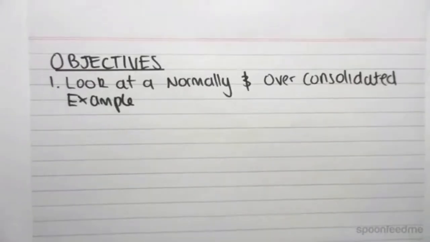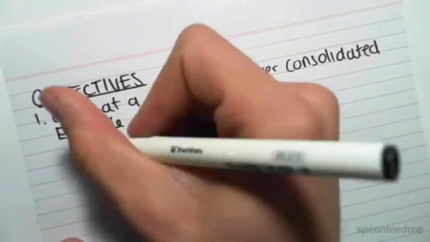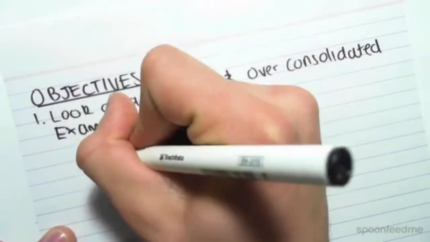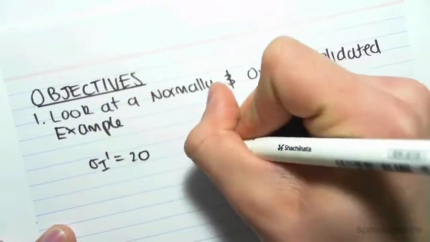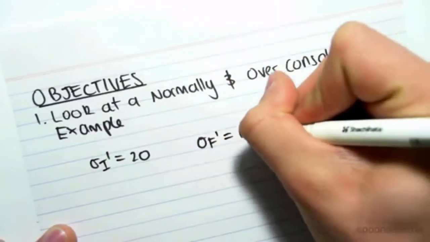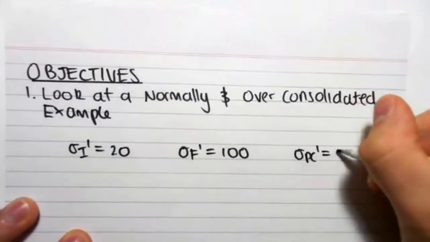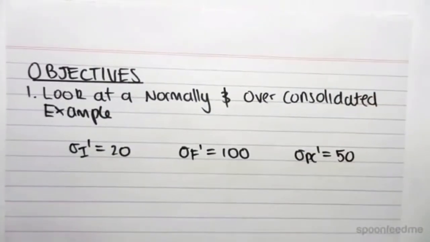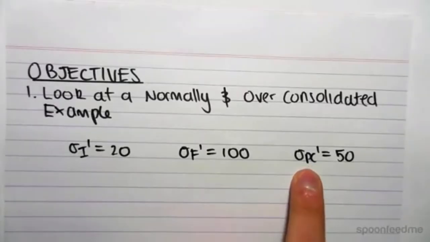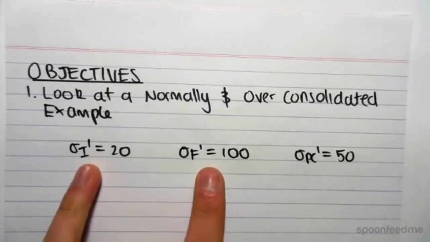The way this would happen is that in the question they would give us some values like this: sigma I dash equals 20, sigma final dash equals 100, and sigma PC dash equals, say, 50. If we were to draw this, you can see now that our pre-consolidated stress is between the initial and final.